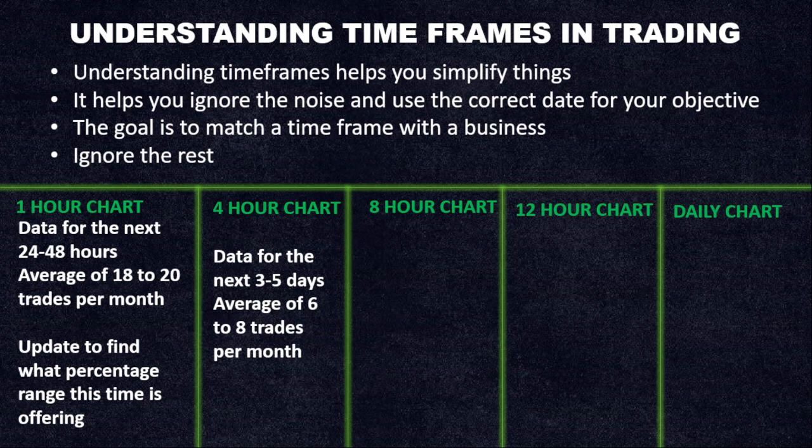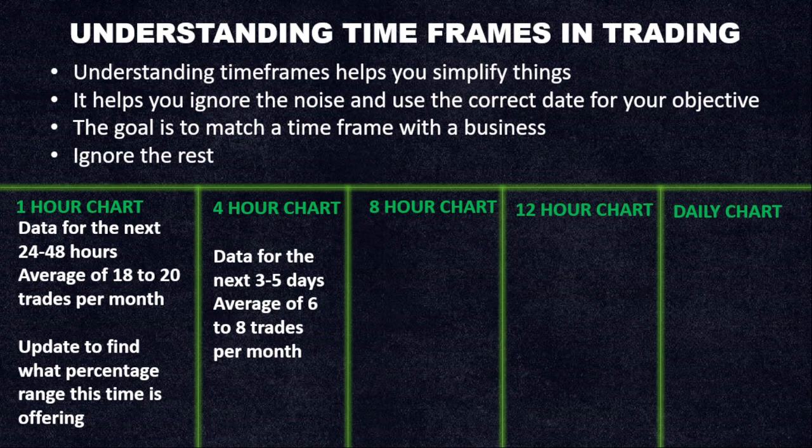When it comes to trading, you can get an average of 6 to 8 trades per month if you base your decision on the 4 hour time frame. That is a bit less than what you get on the 1 hour time frame. The higher the time frame, the more noise you reduce on the chart to see clearly.